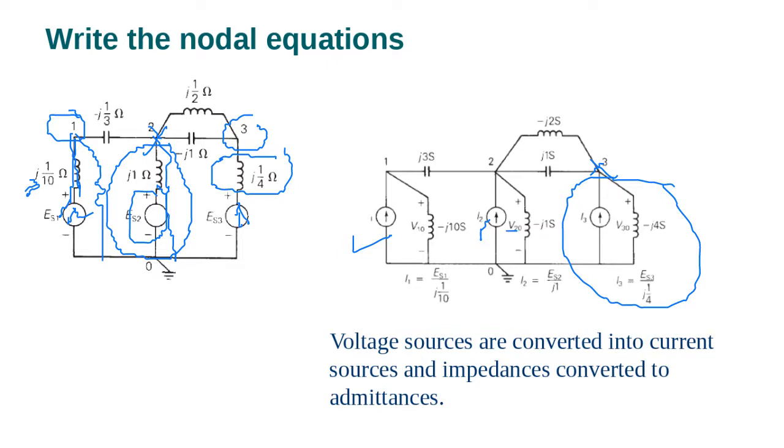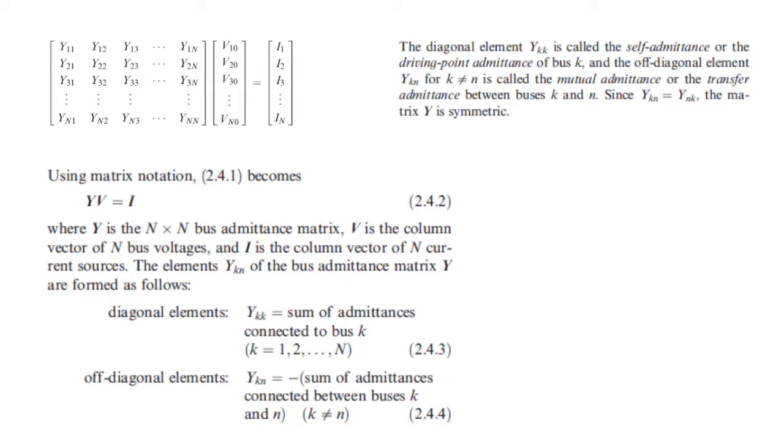After conversion to current sources, it now becomes easy to form the Y bus. The Y bus is simply like this: Y11, Y12, Y13. You're already familiar with nodal analysis.